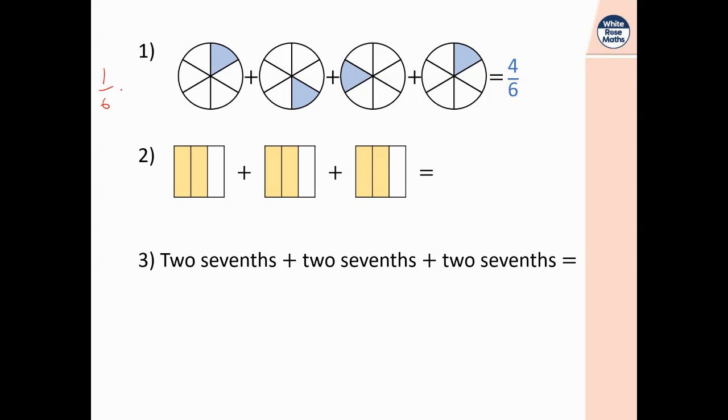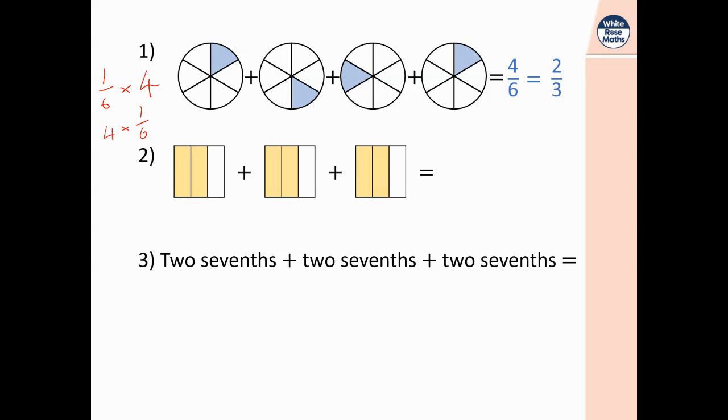You actually had a sixth, and you had 4 lots of them. Or you could say 4 times 1/6. Either way, it comes to the same result. Now, 4 sixths, they're both even numbers. So actually, we could simplify this fraction. If you divide both of them by 2, we get 2/3, and that's as far as we can go.